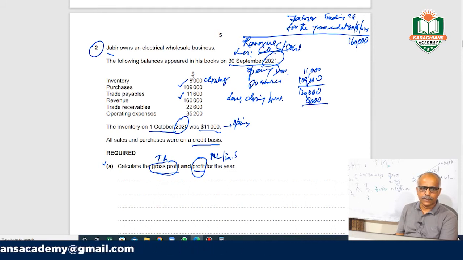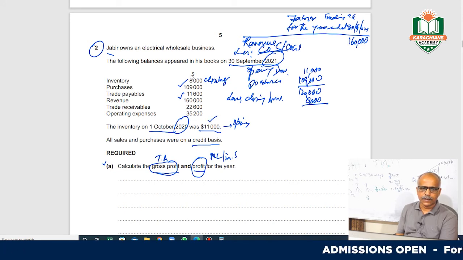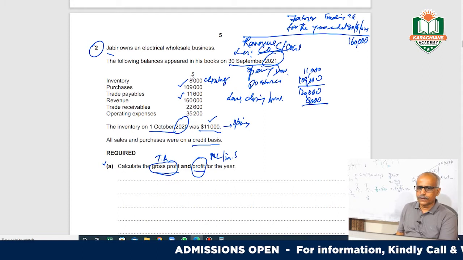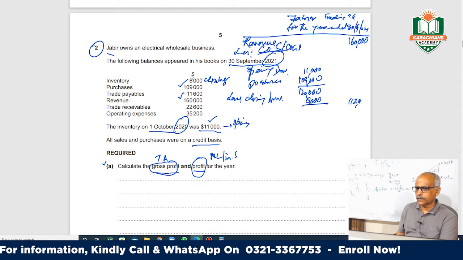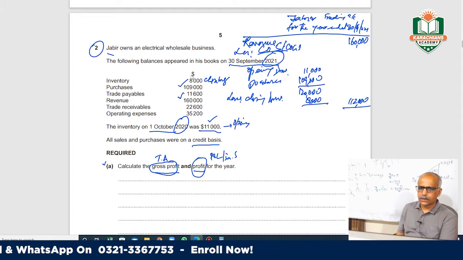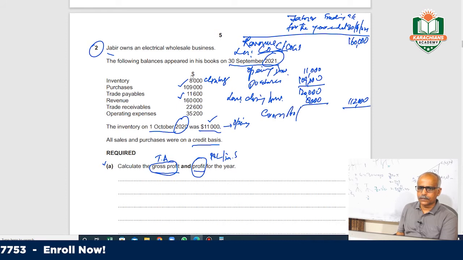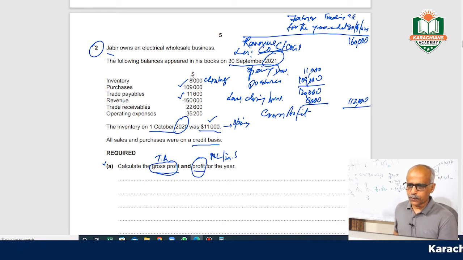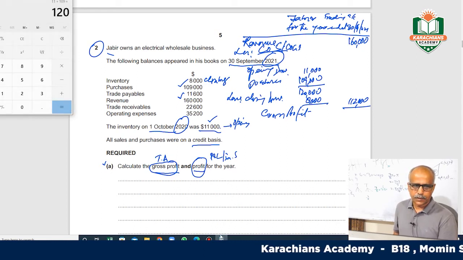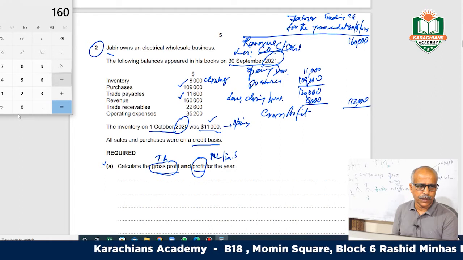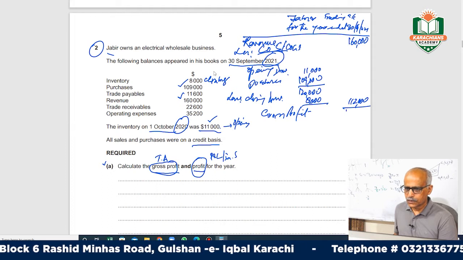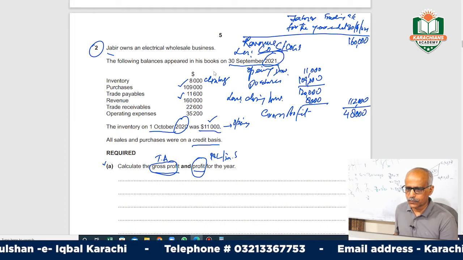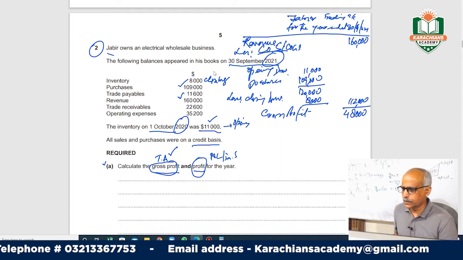If we deduct 8,000 out of 120,000, then 112,000 will be your cost of sales. So your gross profit will be 160 minus 112, which is 48,000. So your gross profit is 48,000. You have done with this.